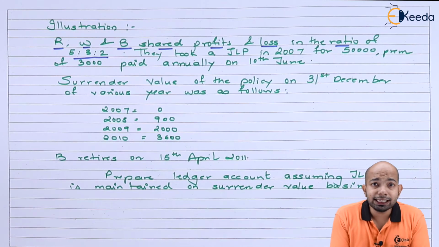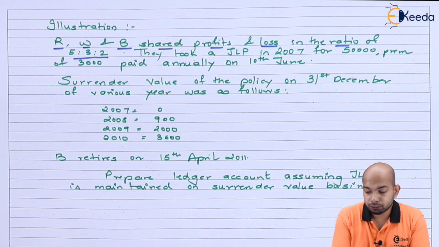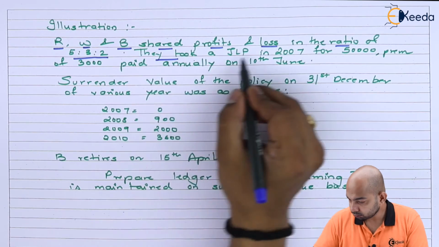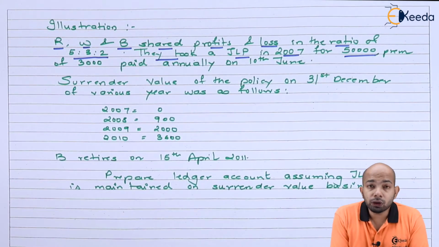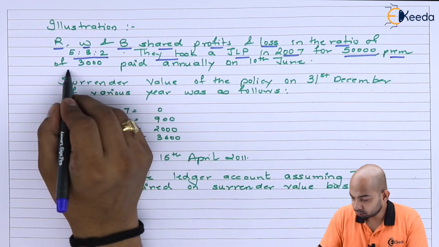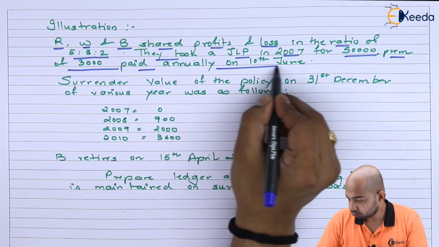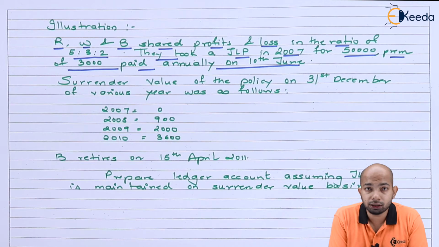The illustration states that R, W and B shared profits and losses in the ratio of 5:3:2. They took a joint life policy in the year 2007 for 50,000 rupees. A premium of 3,000 was paid annually on 10th of June every year.